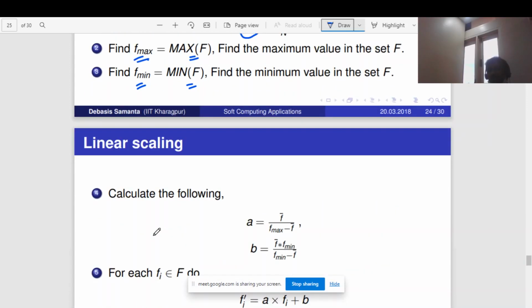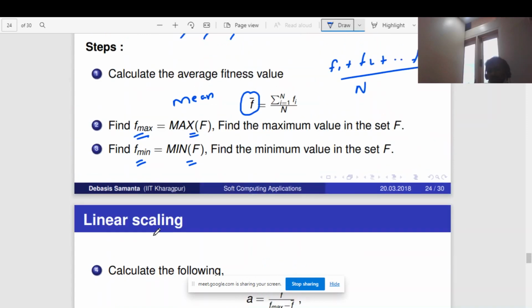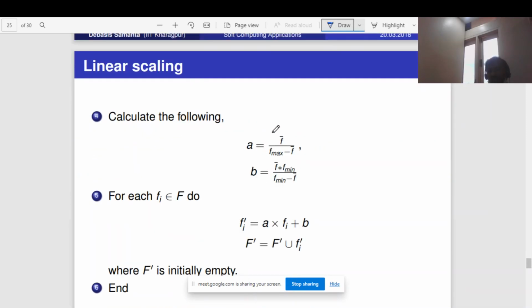Then from these, from min and max, we calculate two things, a and b.